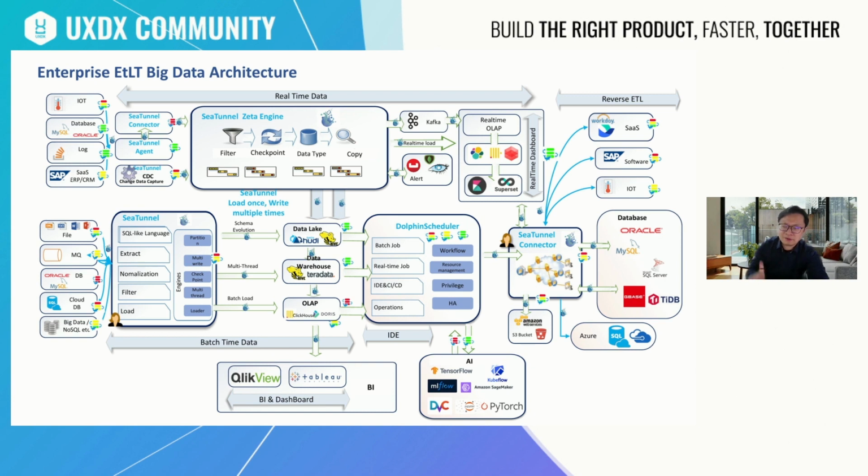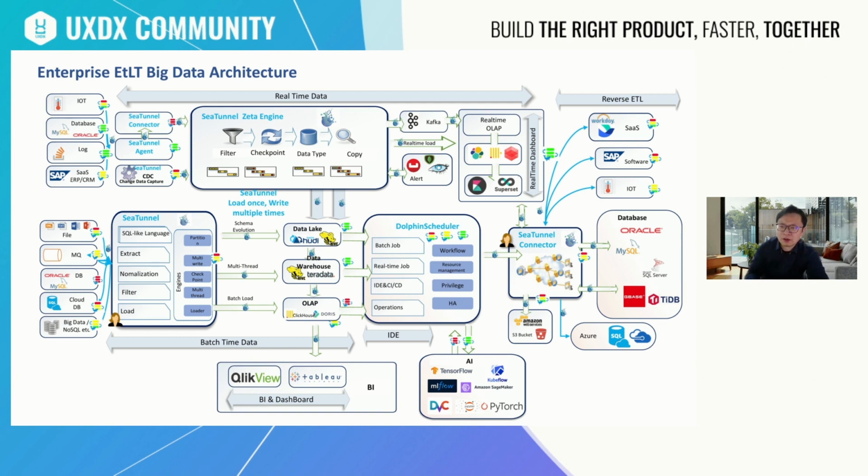Nowadays we have two different types of data. One we call real-time data, and the other we call batch data. Real-time data means you have to collect the data in real time, compute the data in real time, and analyze the data in real time.